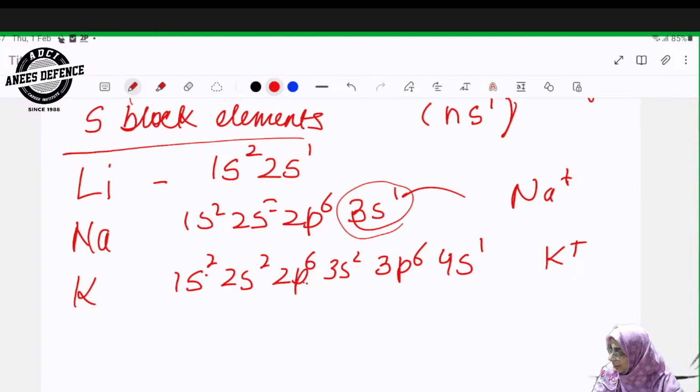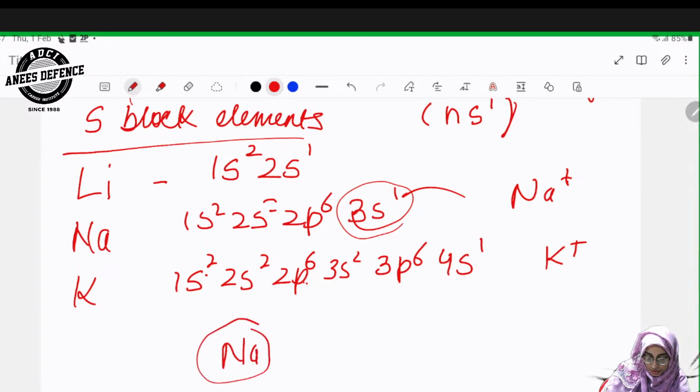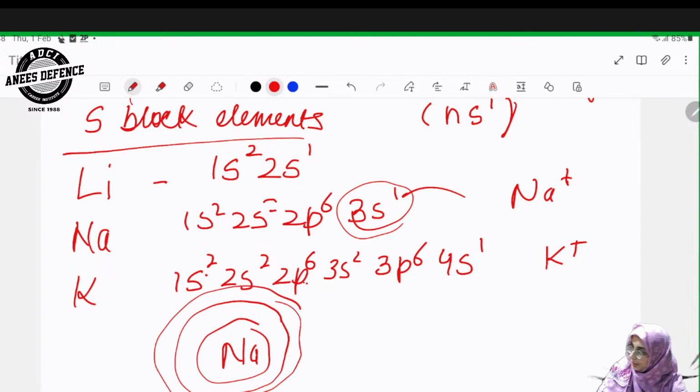Why are some elements reactive, some less reactive, and some non-reactive? It all depends on the tendency to lose or gain electrons to complete their octet. Octet means noble gas configuration, that is, they want to complete their last energy shell. I can show this with sodium.